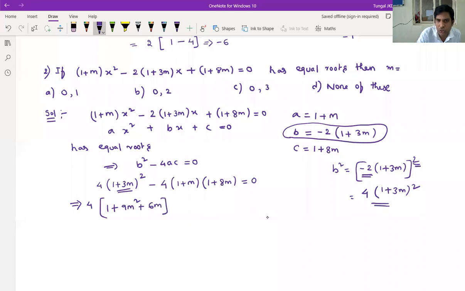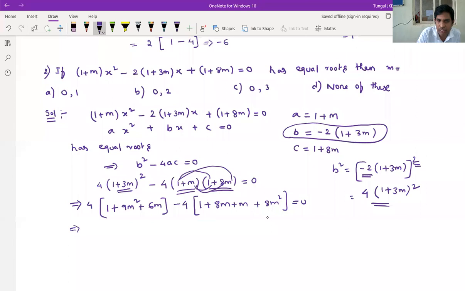Understood? So a square plus b square plus 2ab, minus 4 into these two terms multiplied: 1 into 1, 1 into 8m, nothing but 8m, m into 1 nothing but m, m into 8m nothing but 8m square, is equal to 0. All of you understood the step?